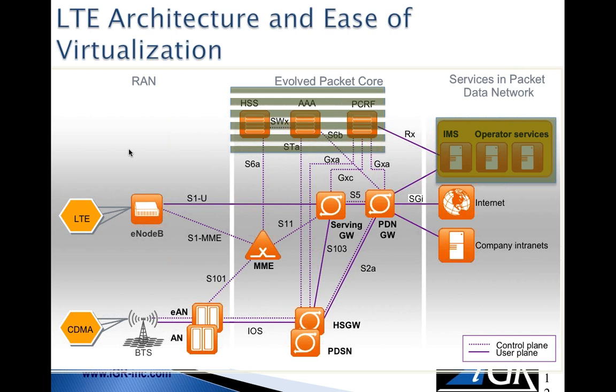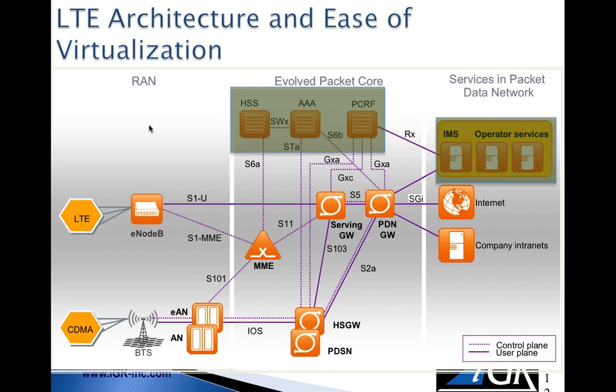Simple as that. The next area we'll see is the customer support area. We're already seeing that. As I said, the HSS is a large database, and you've got those other servers and functions in there which lend themselves very well to virtualization. The MME is also one of the areas we're looking at.